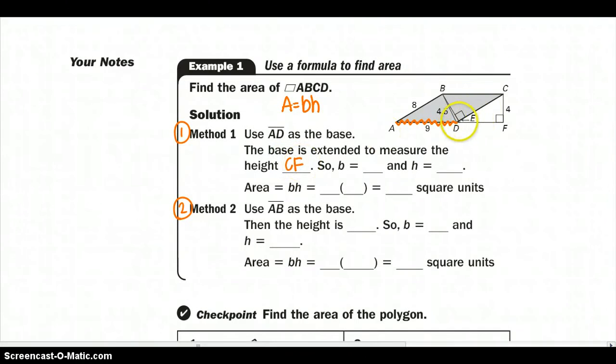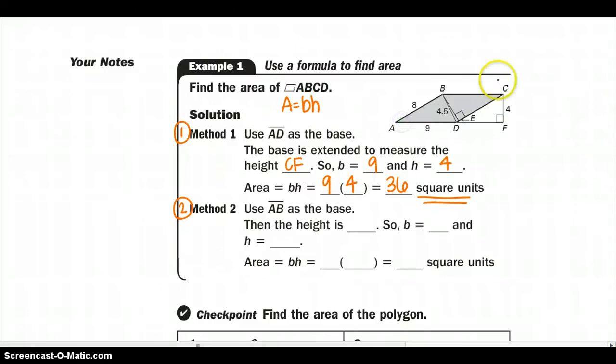Everybody sees where my base creates a 90-degree angle with CF. So my base would be 9, my height would be 4. I'm just plugging those numbers into my equation, and I get the area to be 36 square units.